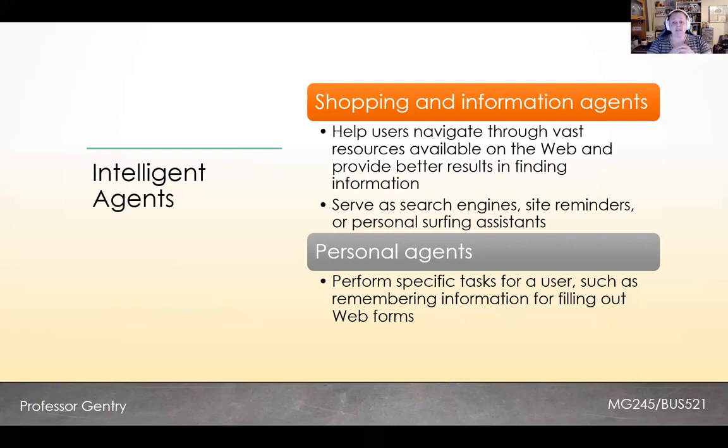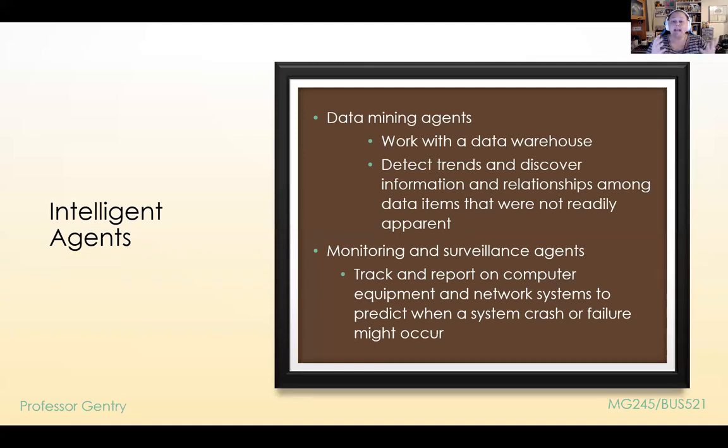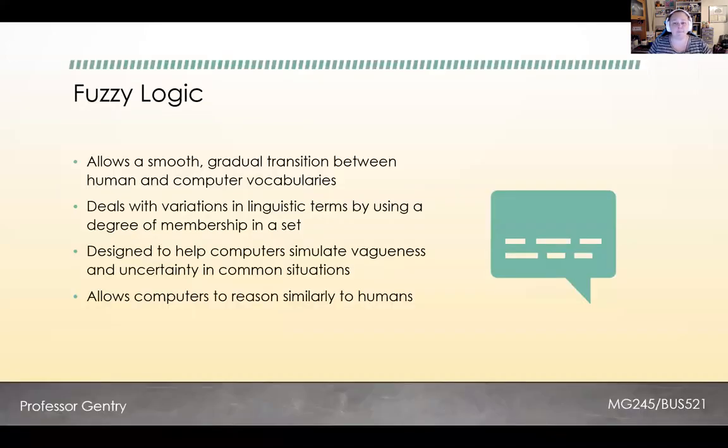Email personal agents can auto generate responses, forward incoming messages, and it can also create replies based on the content of your incoming message. Data mining agents work with data warehouses, detecting trends and discovering new information and relationships among data items that were not readily apparent. Okay. Monitoring surveillance agents usually track and report on computer equipment and network systems to predict when a system crash or failure might occur.